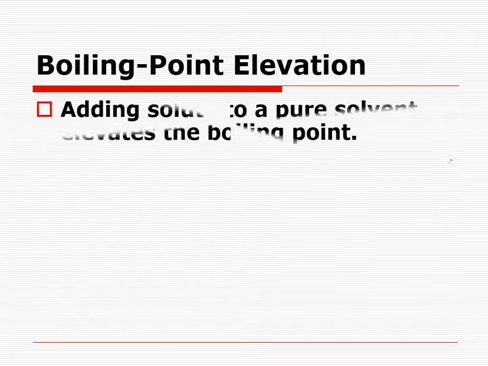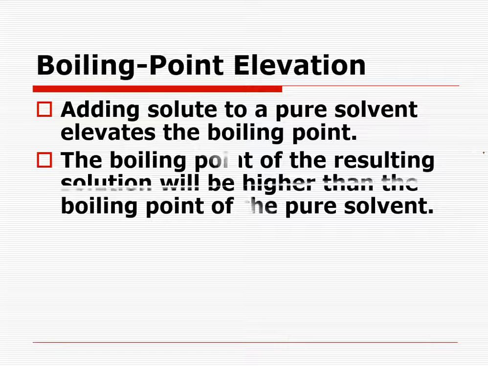All right, boiling point elevation. Boiling point will go up when you make a solution by adding a non-volatile solute. What's happening is that when you add that solute, you're lowering the vapor pressure.